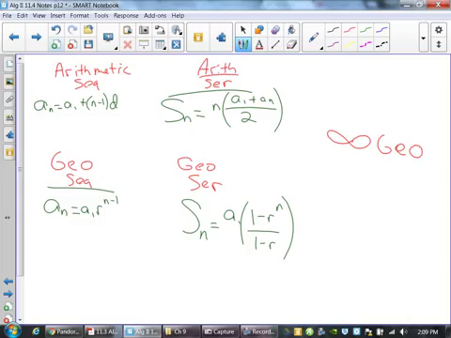So as the n value grows larger and larger, when you take 1 minus your r value, it's approaching 1. That's why the infinite one is just your first term over 1 minus r. Because as this gets larger and larger, it approaches 1. That's all it is. So that's why it's just an S.